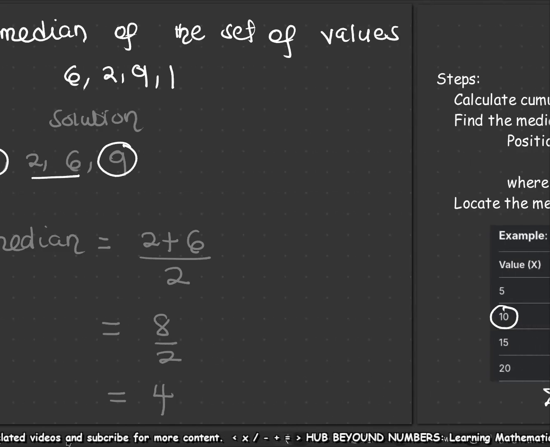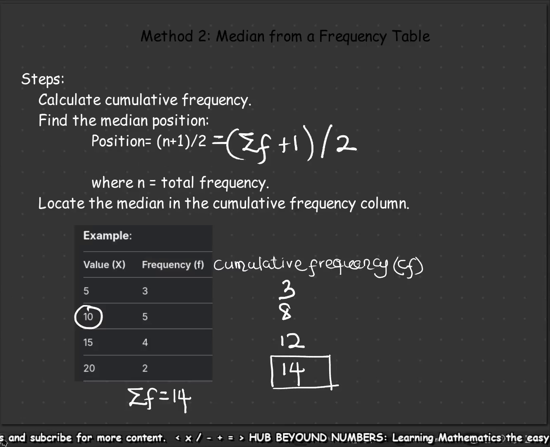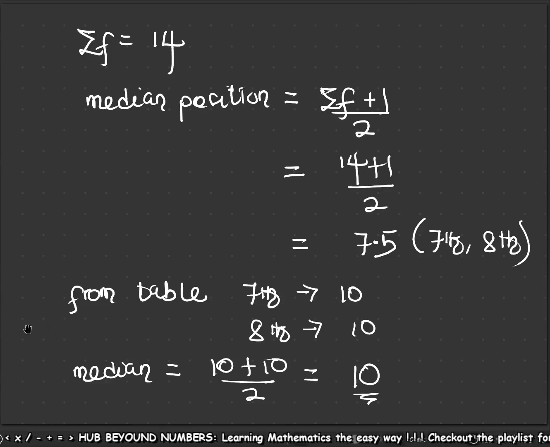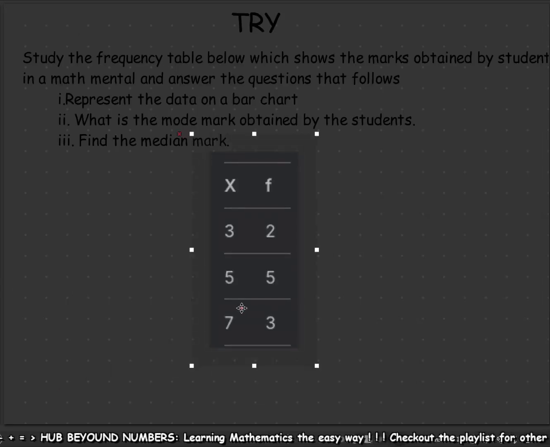I would solve more of these type of questions in upcoming ones as well, so that you get more understanding on how to get the median from a frequency table. But I'll leave you with one try work. So here is the try work, right?